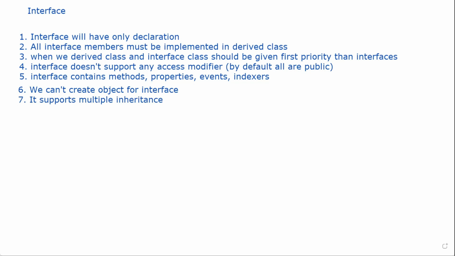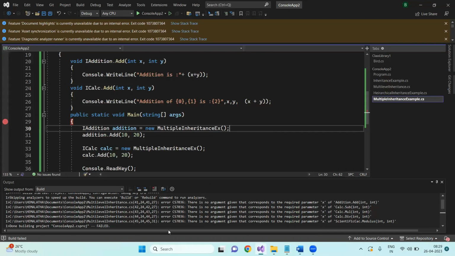Instead, what we can do is like this. Now, how to call that particular method? Addition dot add of 10, 20. Now let me run this. There is no argument given that corresponds to the required parameter x of int.